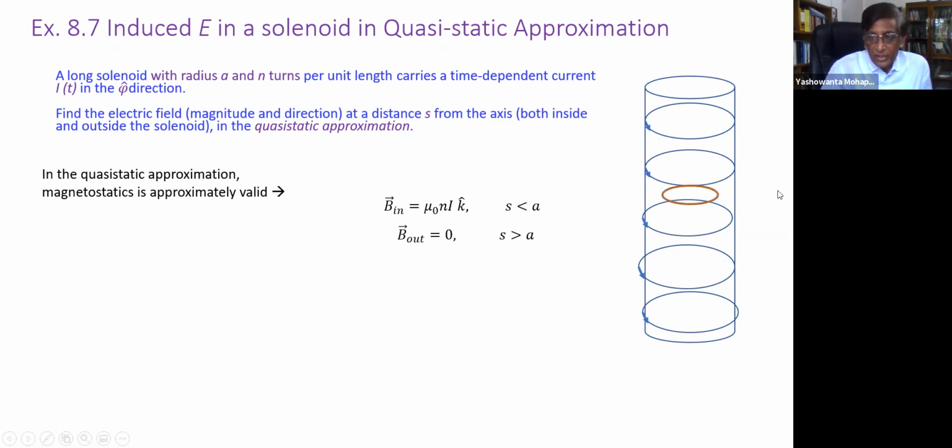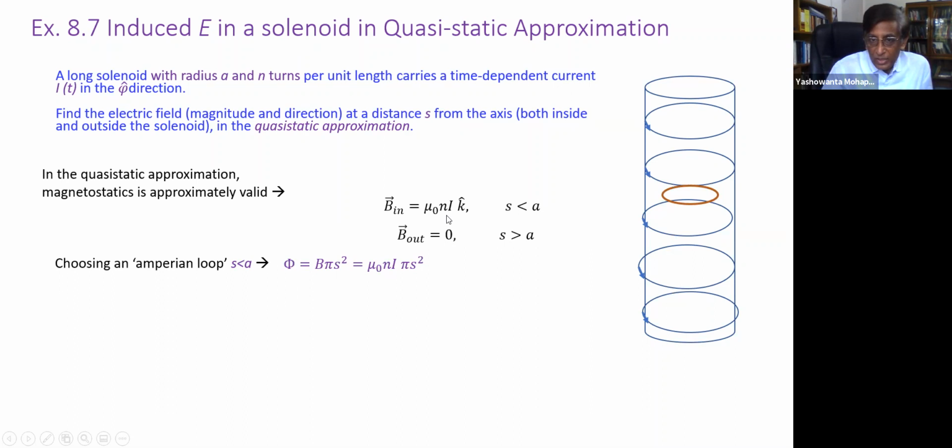All right. So then I take an Amperian loop inside. Now I'm using the Amperian loop in a new sense. Choosing an Amperian loop with s less than a, the flux phi is B times pi s squared.